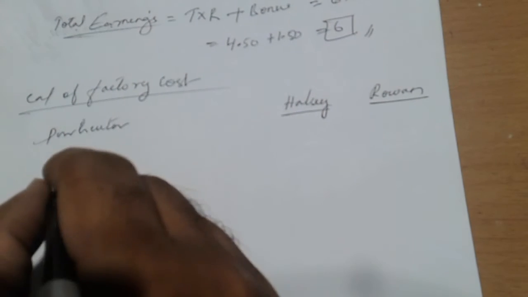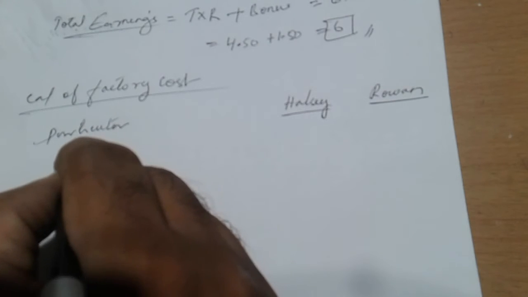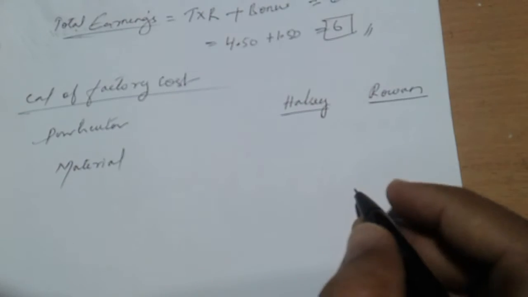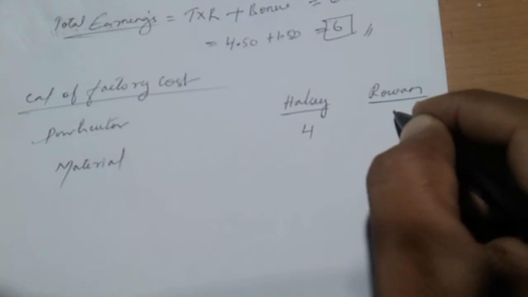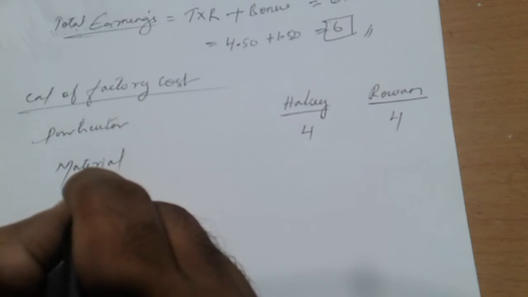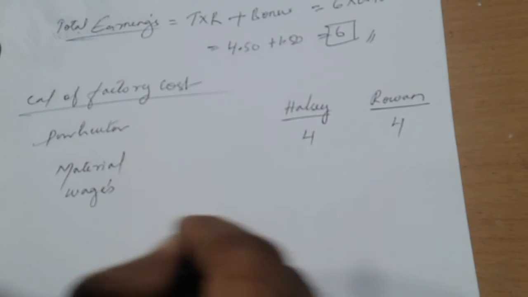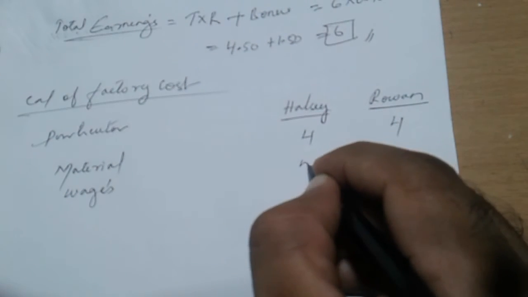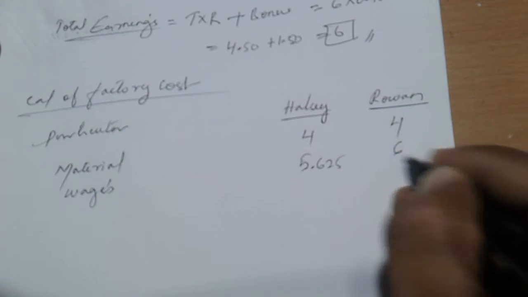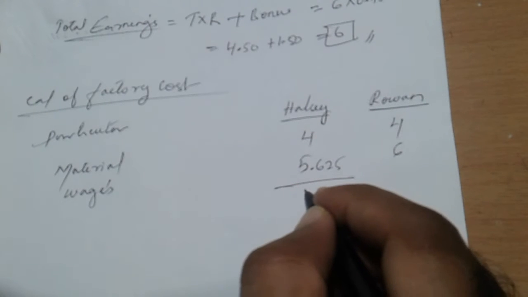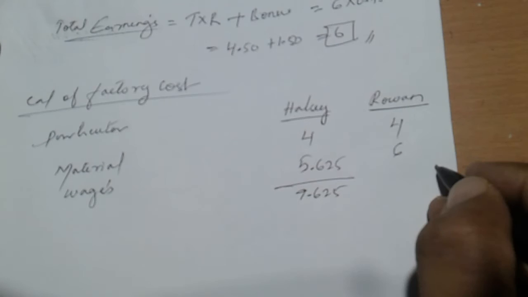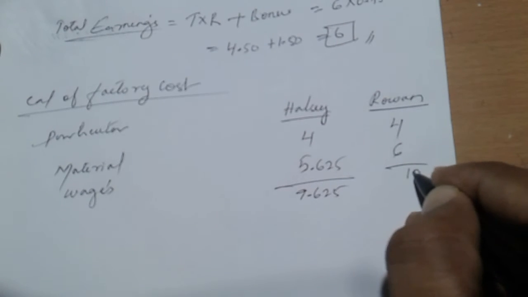First, how much material? Material cost is 4 and 4. Then wages, how much? Wages 5.625, and here we get 6. Overall it is 9.625, and here we got 10.